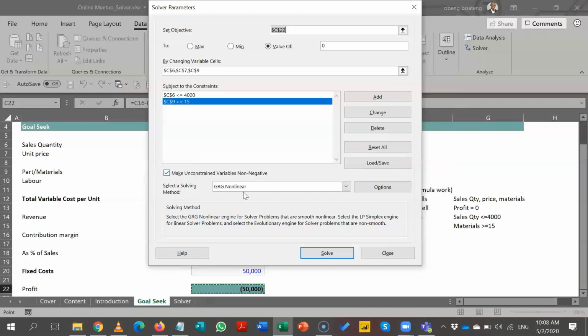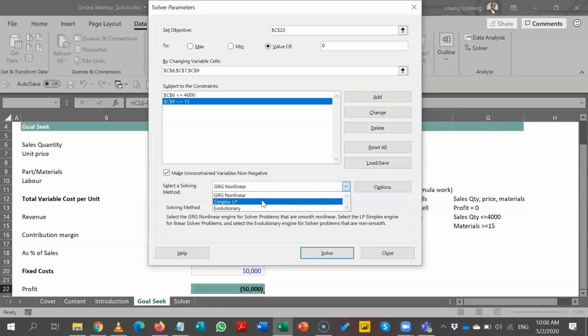Then you come to select the solving method. And this is where we go into a bit of math. Solver is built to take linear equations. It is also built to take linear and smooth math equations. Not to bore you, these two are always fine: the non-linear and then the simplex LP.